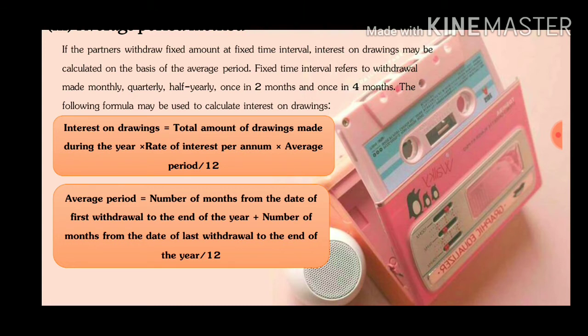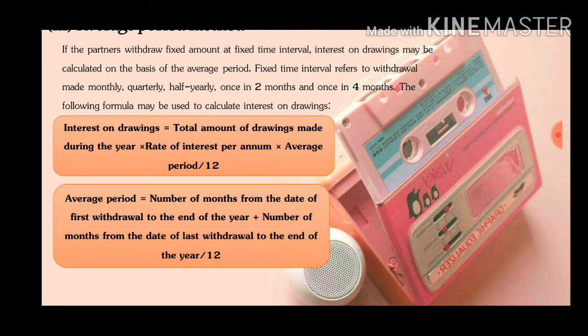So once in 2 months and once in 4 months, the following formula may be used to calculate interest on drawings. Interest on drawings equals total amount of drawings made during the year into rate of interest per annum into average period divided by 12.